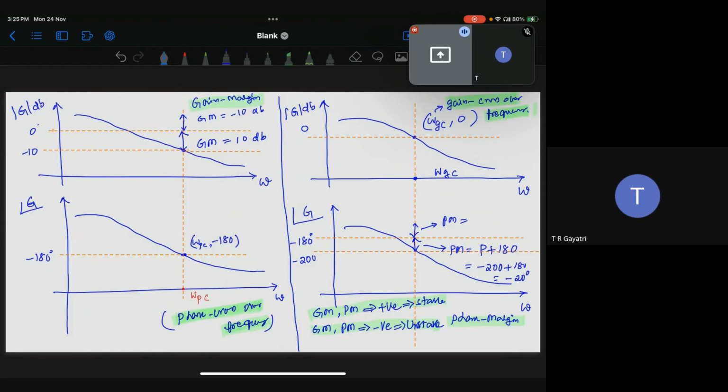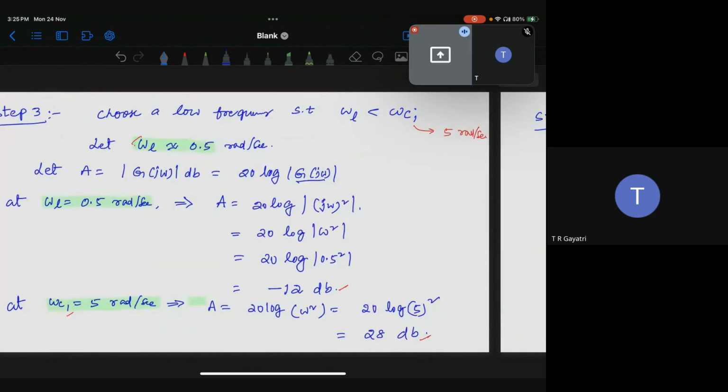I'm sorry, gain crossover frequency is when the gain is 0 dB. Phase crossover frequency is the other way. Okay, so now let's do the calculation.